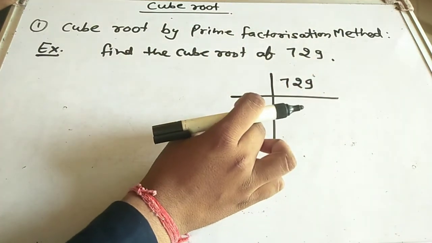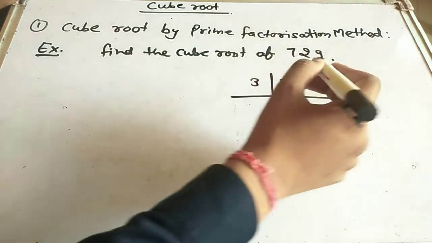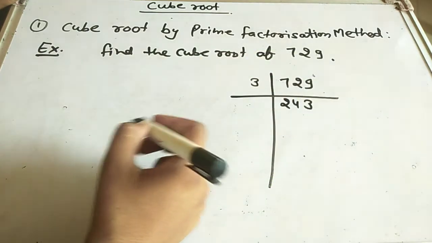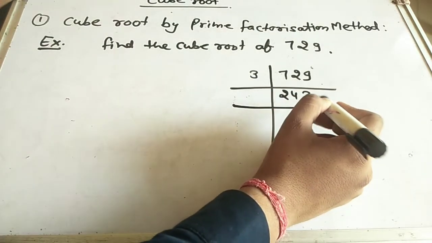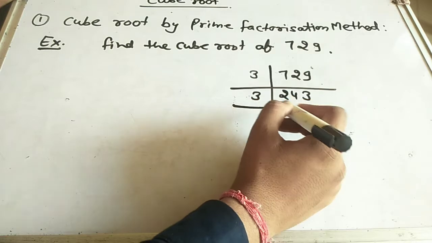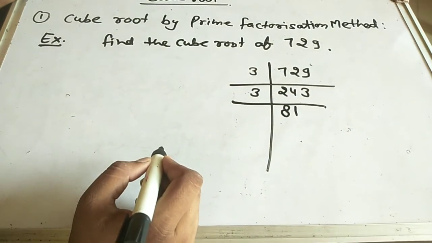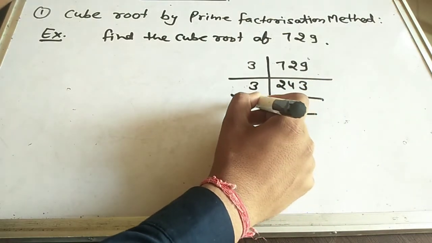729 is divisible by 3. So, we get 243. And next, 243 is divisible by 3. So, we get 81. 81 is also divisible by 3.